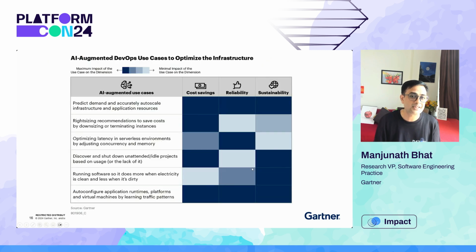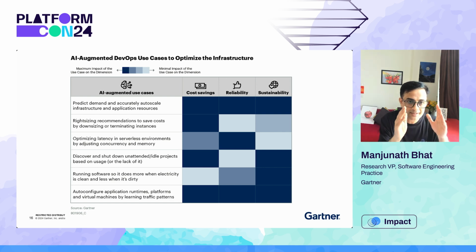And so one of the things that we normally look at now is, how can we use AI augmented DevOps to achieve a trade-off across these different dimensions of cost savings, reliability, and sustainability, and do so across the entire software delivery infrastructure landscape. What I've identified here and what you're seeing on this slide is looking at specific use cases, like, for instance, the very first use case. How can we use AI to predict demand and accurately auto scale infrastructure and literally optimize across all of these three dimensions, right?